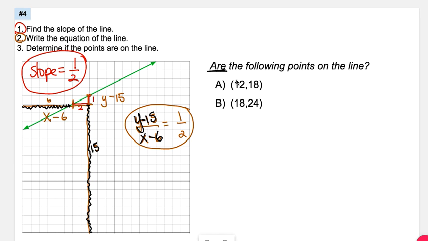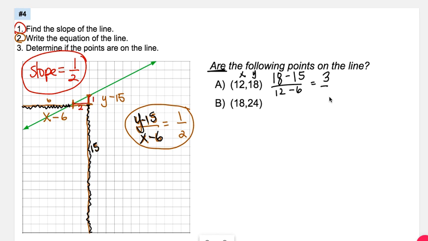Okay, so for our last bit here, we'll do this part together. With whatever equation you got, you're going to substitute your x and your y and see what happens. So I get 18 minus 15 over 12 minus 6, which gives me 3 over 2. I'm sorry, not 3 over 2.